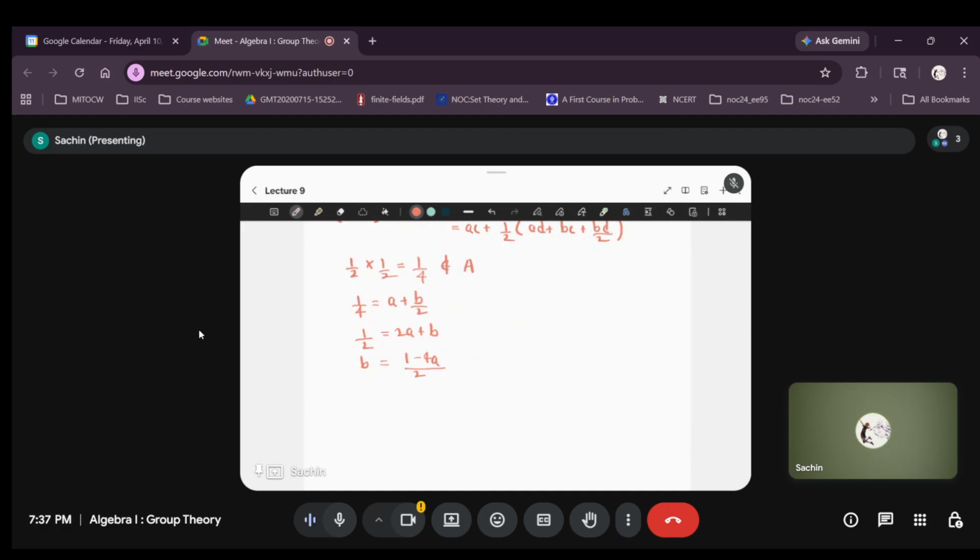But 1 minus 4A by 2 is not an integer for any integer A, because 4A is an even number, so 1 minus 4A will always be an odd number.